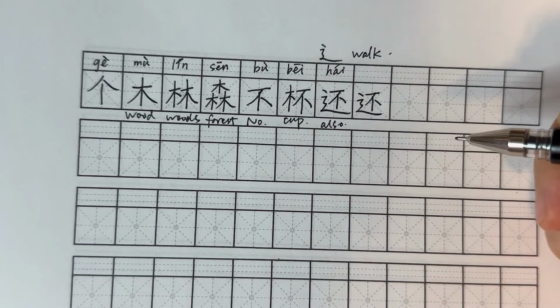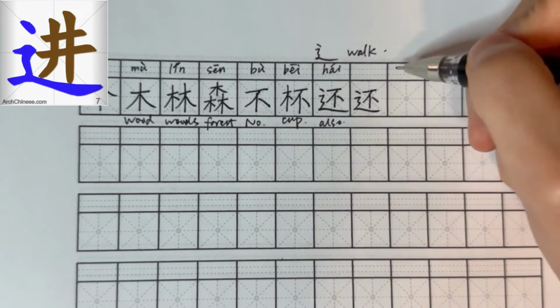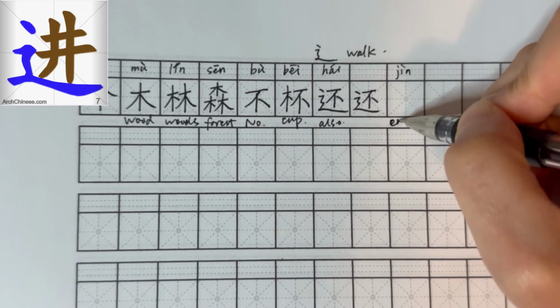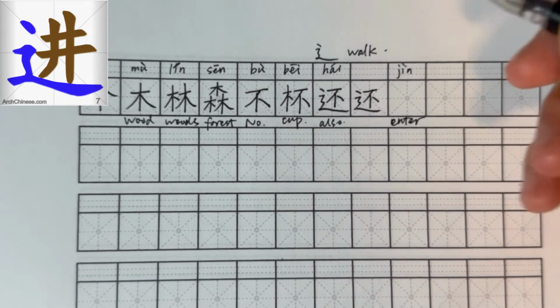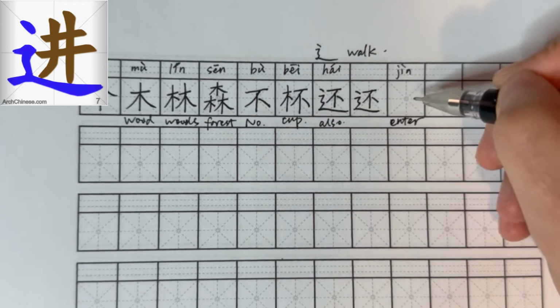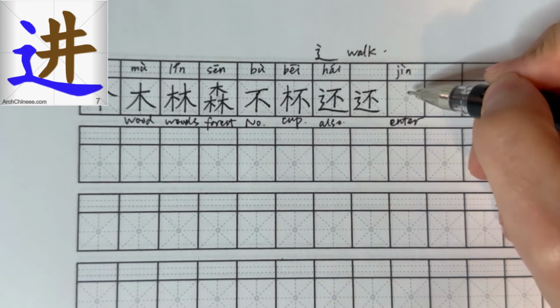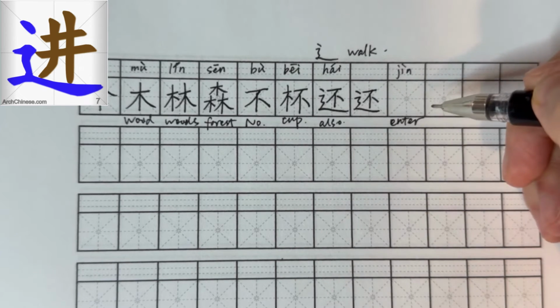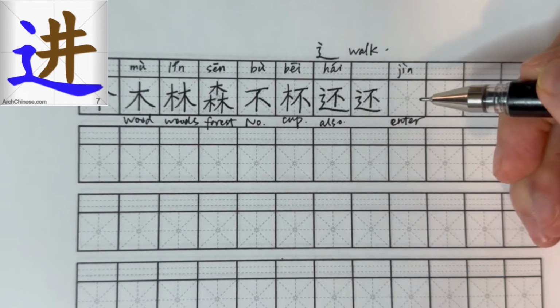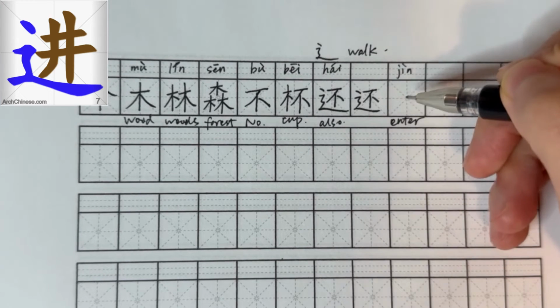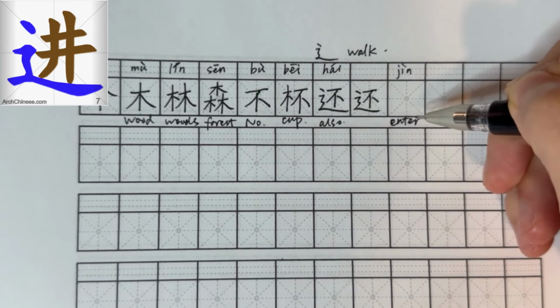All right, next one with the same radical. This one is pronounced as 进, means to enter. Same, we write whatever is inside first, right? It looks like a hashtag. Very easy. When we have 横 and 竖 together, what do we write first? We write 横 first, right? The two 竖s, actually the one on the left is a 撇 and then a 竖, right?